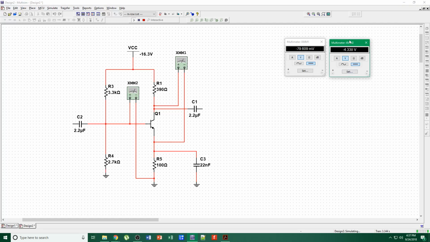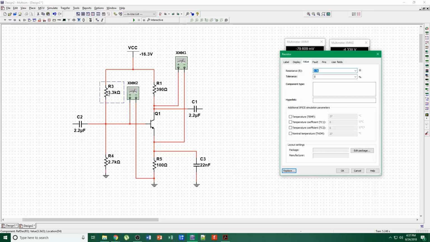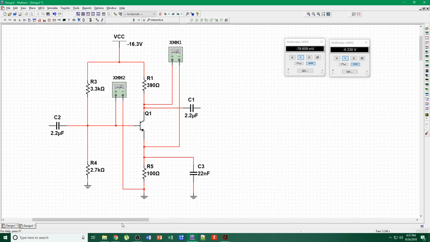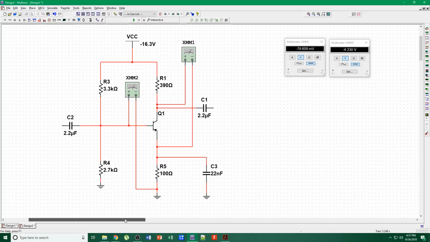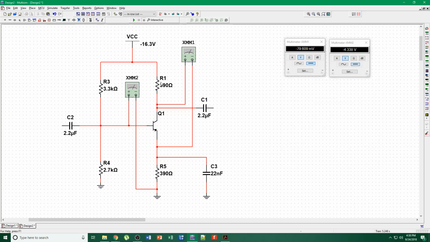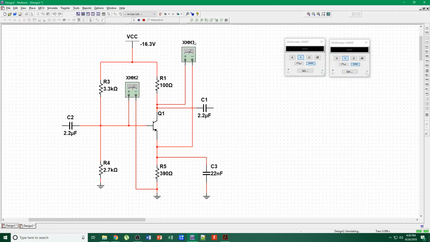Multimeter 2. That's wrong. That's also wrong. Yeah, this is wrong. Multisim. Should this be 390? And this 100? I ultimately forget. Oh, it's better now.